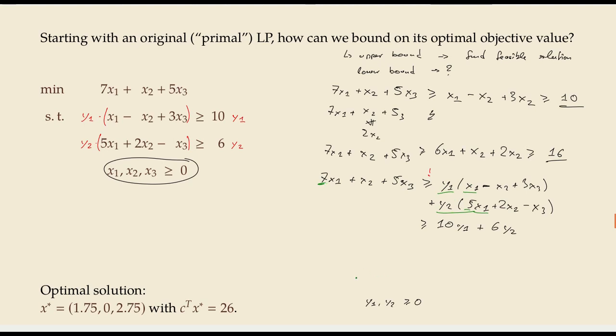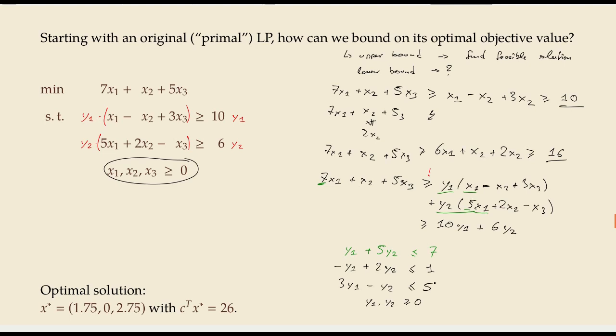Okay, so what we get is y1 plus 5y2 must be less than 7. And we can read off the coefficients of the other two similarly. Minus y1 plus 2y2, just reading off here, must be less than 1. That's the coefficient of x2 here. And we get another one for x3, where we have 3y1 minus y2 less or equal 5.